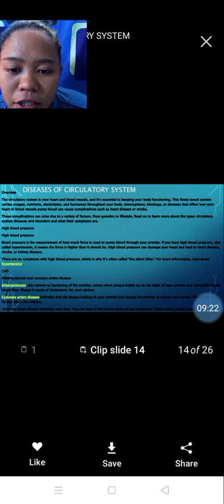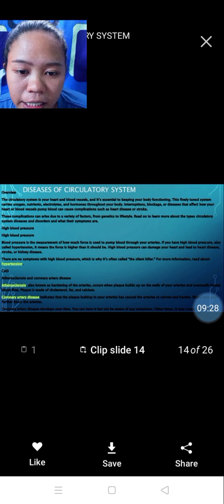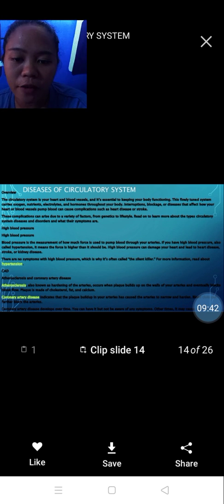Arteriosclerosis is also known as hardening of the arteries. Yan po yung arteriosclerosis, and it occurs when plaque builds up on the walls of your artery and eventually blocks the blood flow.